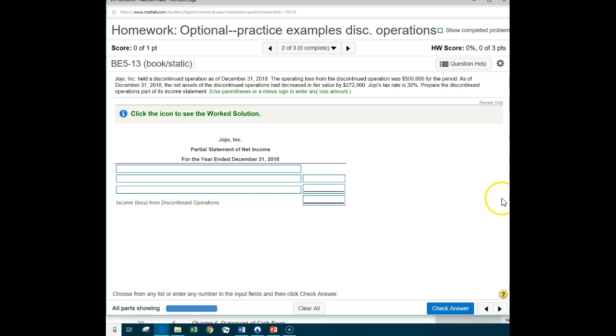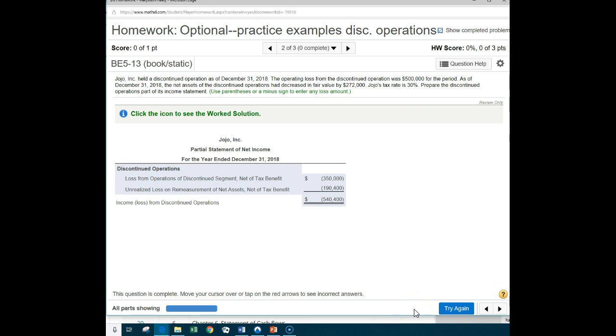So what we're going to do is show each of our two items that go into the discontinued gain or loss. We're going to show them both net of tax, and then we're going to sum them up. So we said that $500,000 was the operating loss. The tax benefit in that case, it saves us money, is 30% times 500,000. So it's 150,000 saved.